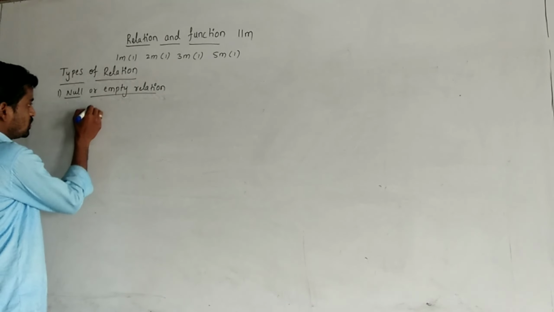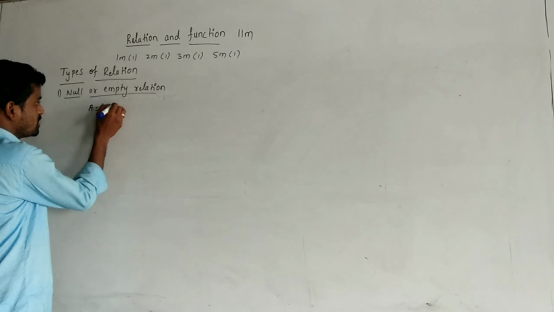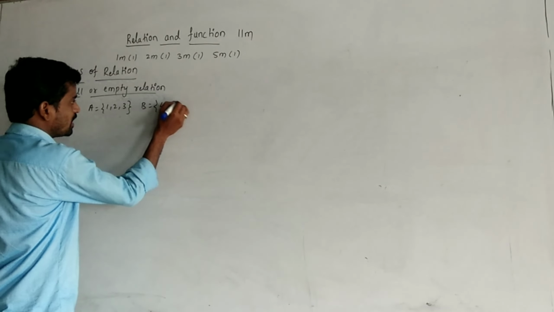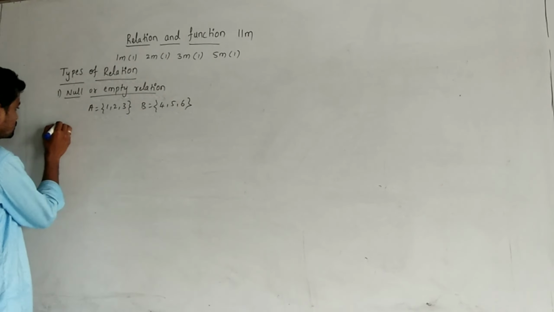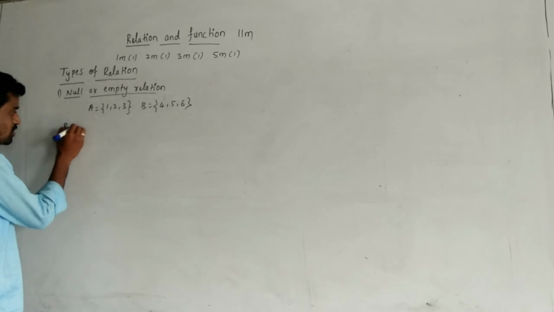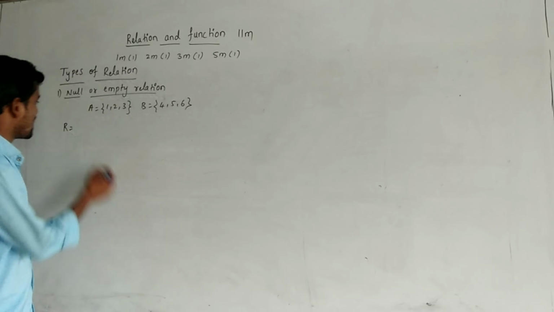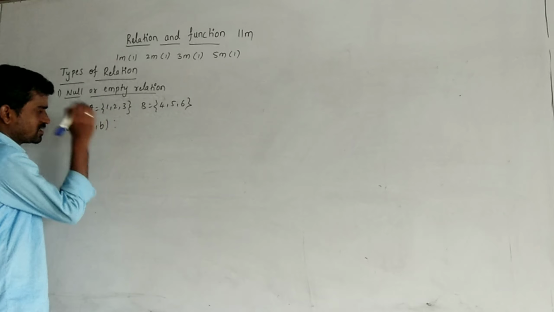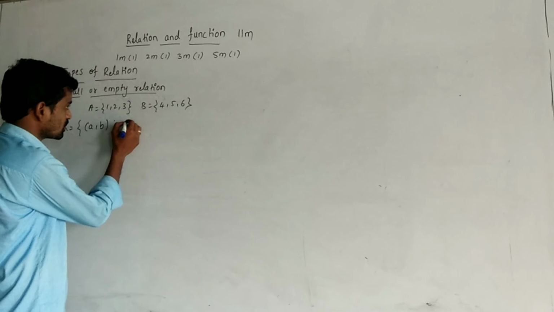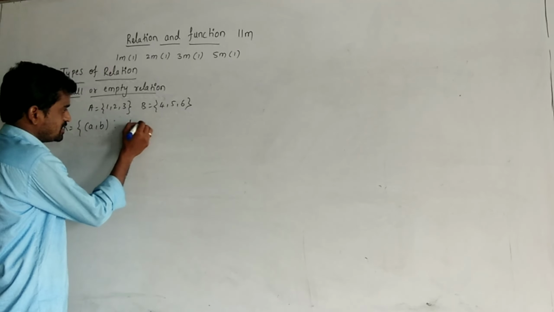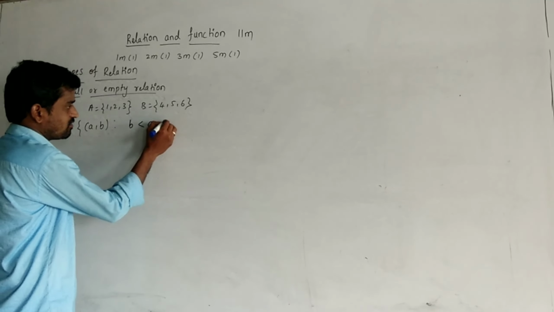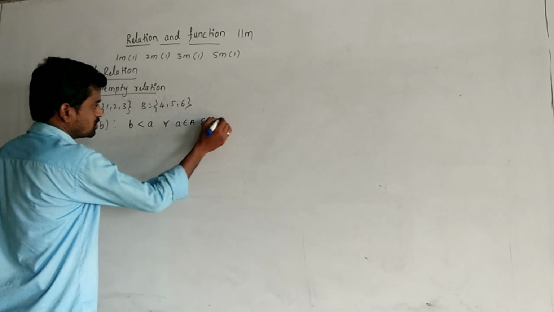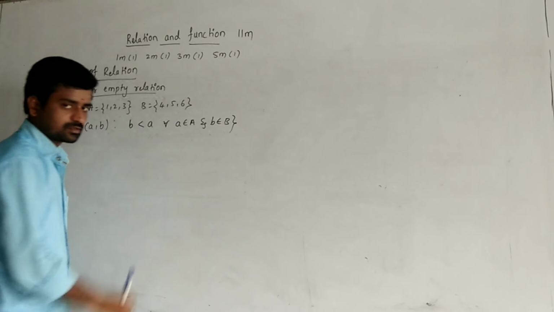We consider two non-empty sets, A is 1, 2, 3 and set B is 4, 5, 6. The relation R is equal to (a, b) such that b is less than a, for all a belongs to A and b belongs to set B.